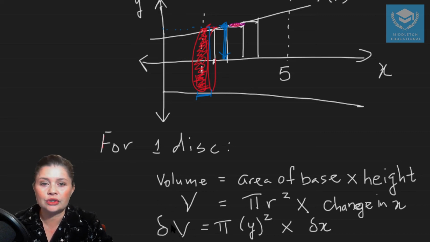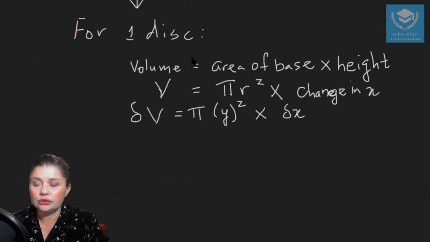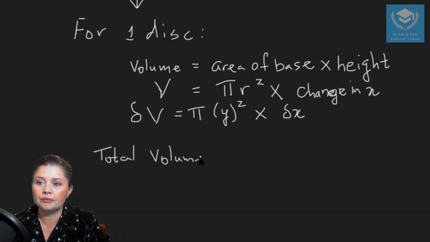So essentially you're saying you're taking many slices, many discs, and you're finding the volume of each of them, and then you're adding everything up. Mathematically, the way you would write that is to say that the total volume is going to be adding all of these little disks.